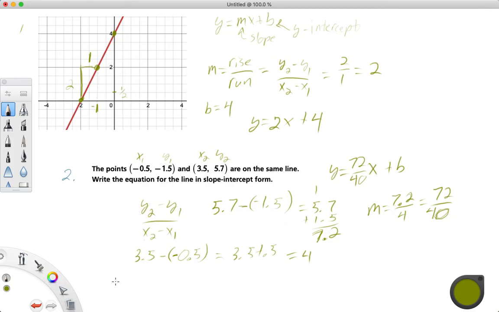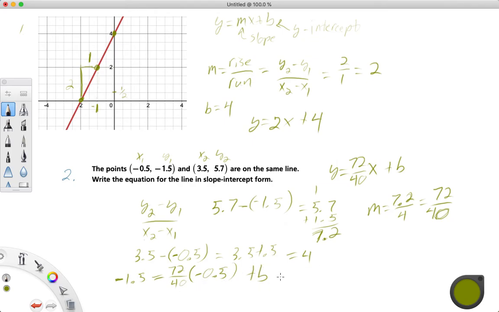So y1 is negative 1.5. And that is equal to 72 over 40 times negative 0.5. You see, I'm just plugging in the y value for y and the x value for x, and then I'll just have the b that won't be known.